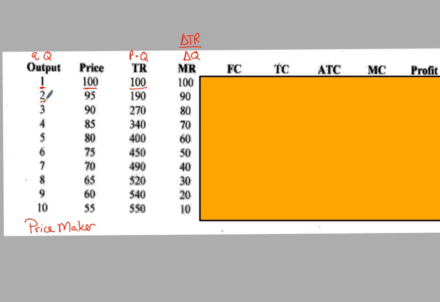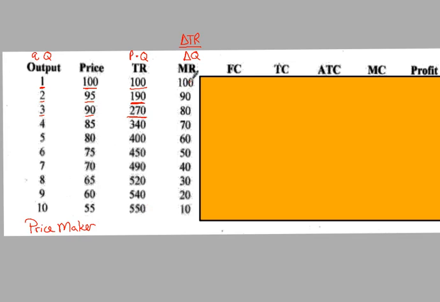If they produce 2 units of the good, then they're going to have to lower the price in order to sell both of those units, so they're only going to be able to charge $95. 2 times 95 is 190. That would be the total revenue. If they produce 3 units of the good, then the price would be 90. 3 times 90 is 270. That's going to be your total revenue, and so on, going the rest of the way down.